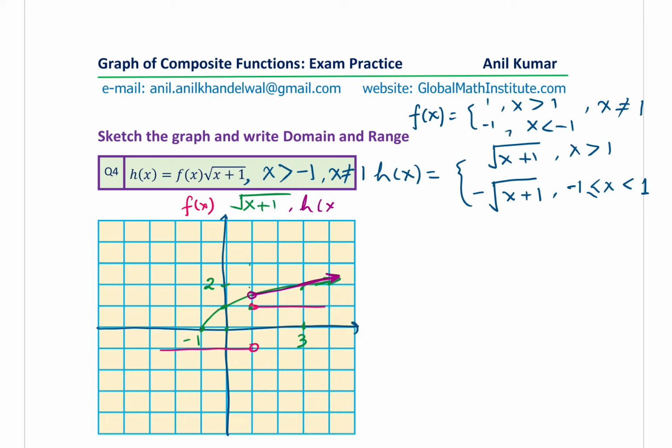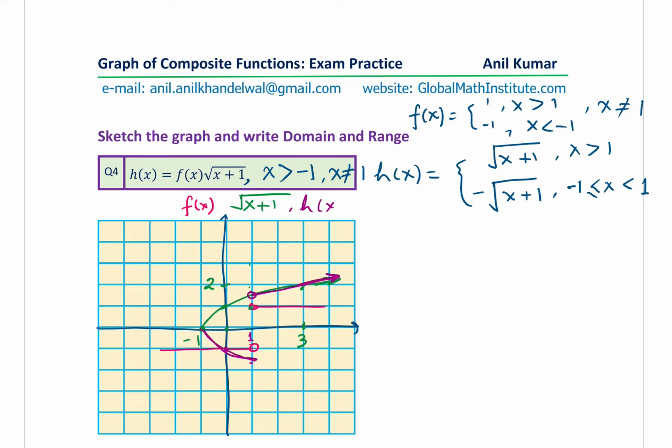So the graph between minus 1 and plus 1 will now get reflected on the x-axis. So this intercept will come right there, and the value here is approximately this place. So we could actually sketch it like this. Correct? So that becomes the graph of the function given to us, h of x.